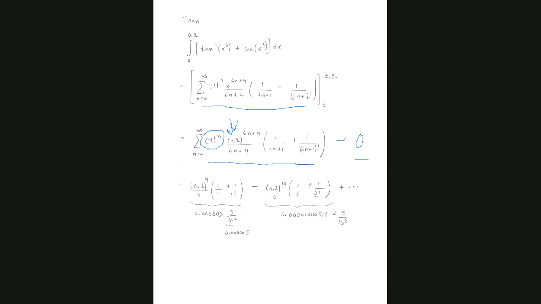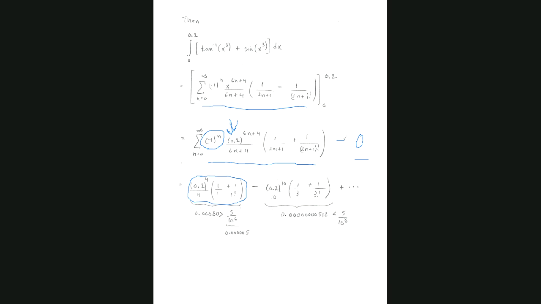Well, we're going to let n equals 0 first. When n equals 0, you'll get this first term here. Because 0.2 to the 6n plus 4, that's 0.2 to the 6 times 0 plus 4, that's 0.2 to the 4th.